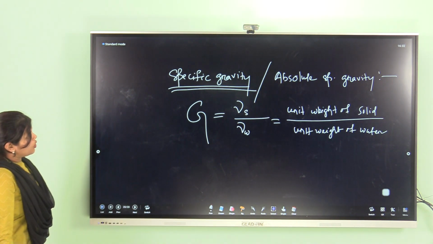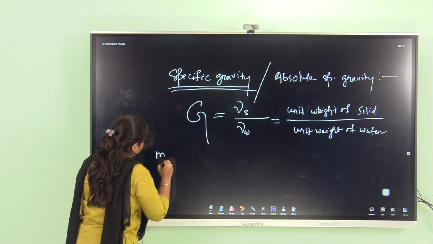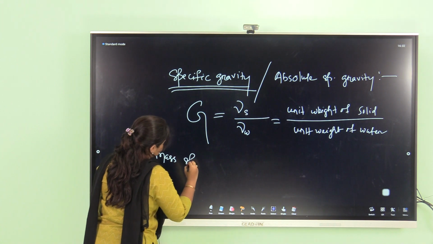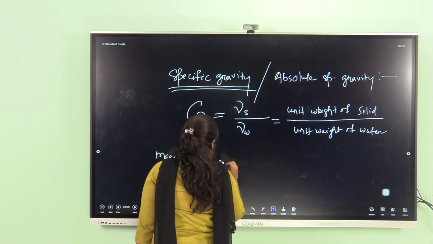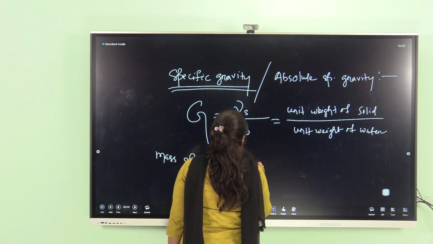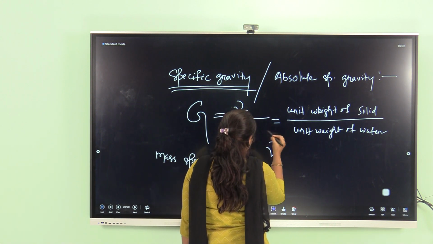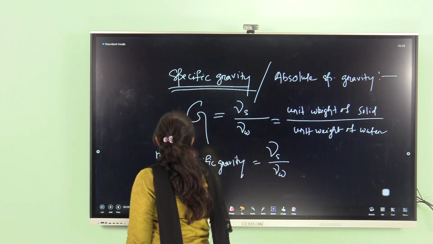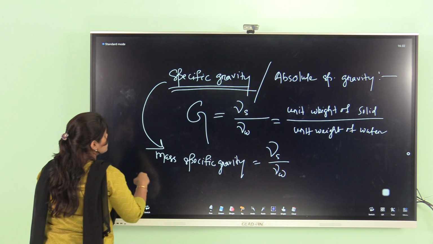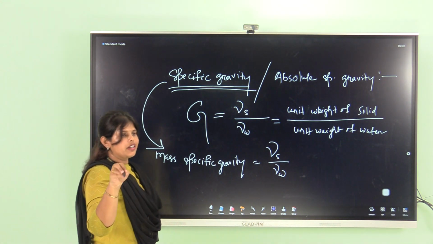Or also the formula for mass specific gravity is the same, no change for the formula. Specific gravity, mass specific gravity and absolute specific gravity all are same.